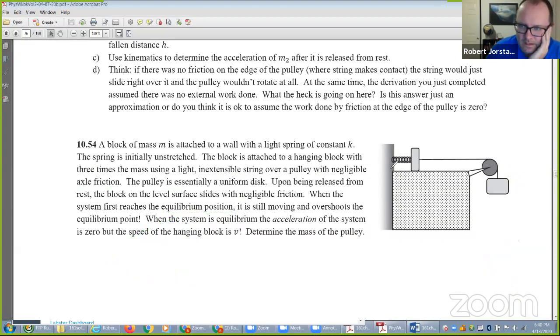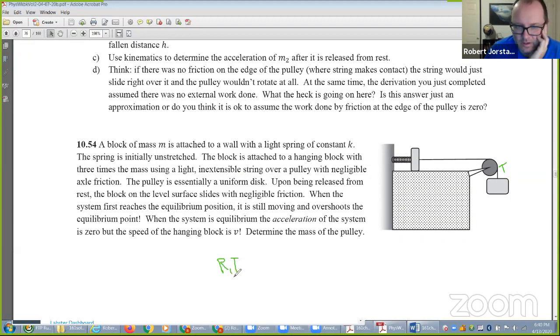All right. An interesting thing happens, however, at equilibrium. If it's in equilibrium, alpha is 0. And then I believe at that one point, this tension equals that tension. So T1, let me just write it this way.